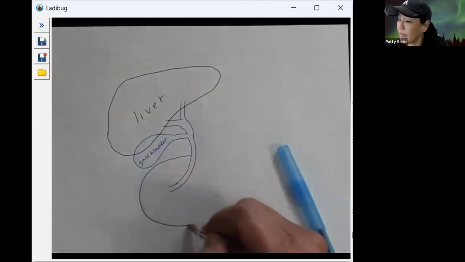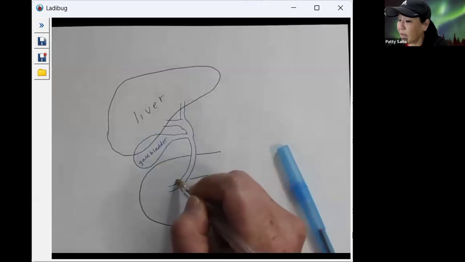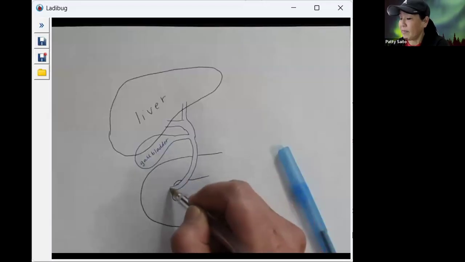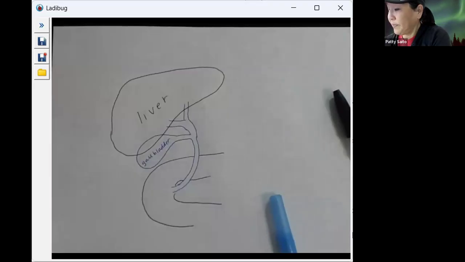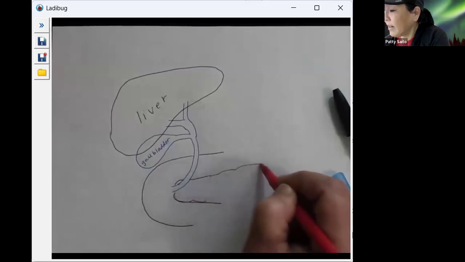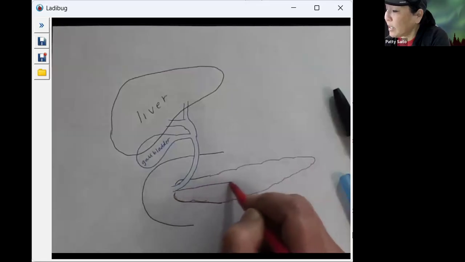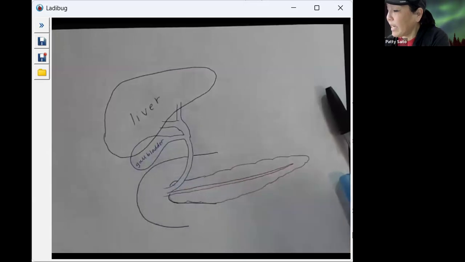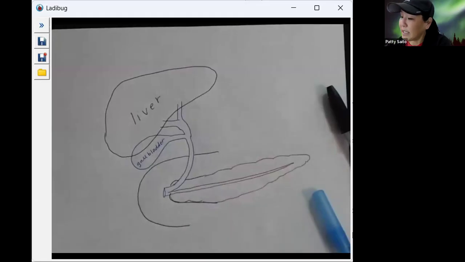Here's the duodenum, after the stomach, that C-shape. It feeds right into the duodenum like that, via a duct. Now there's another structure located here. It sits here. That is the pancreas, and it too feeds its digestive enzymes via a duct into the duodenum also. So this is the pancreas.